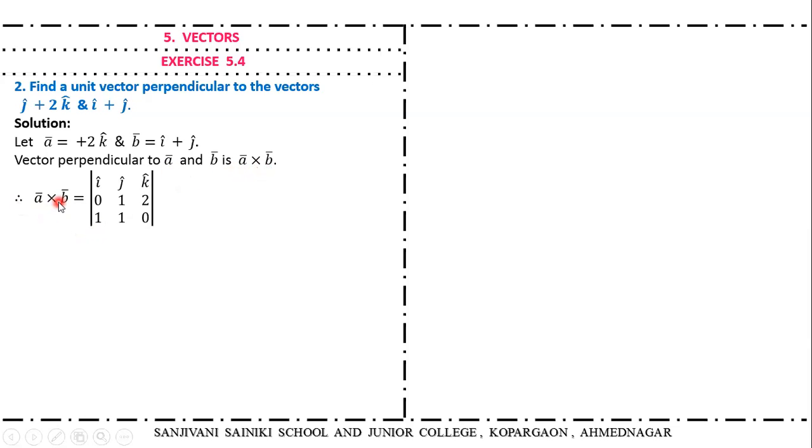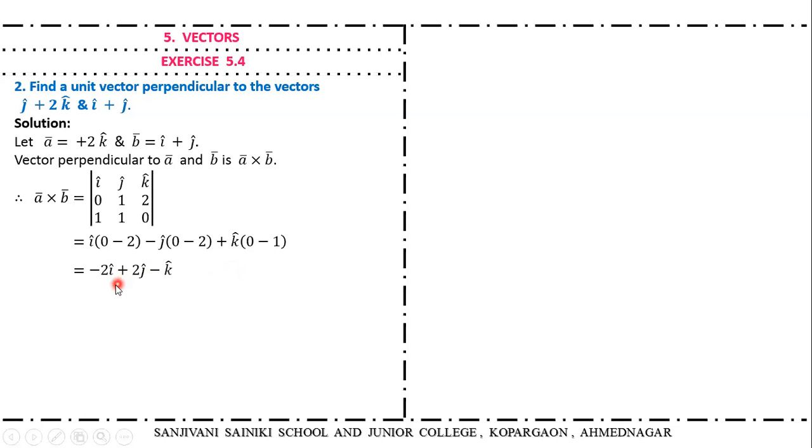So a bar cross b bar is equal to the determinant with first row i j k, second row 0 1 2, the components of a bar, and third row 1 1 0, the components of b bar. Which is equal to i cap into 0 minus 2, minus j cap into 0 minus 2, plus k cap into 0 minus 1.